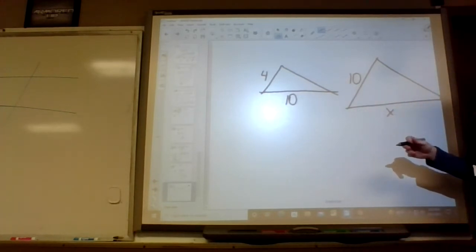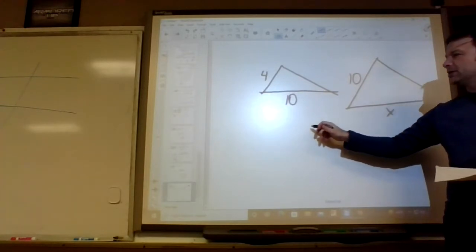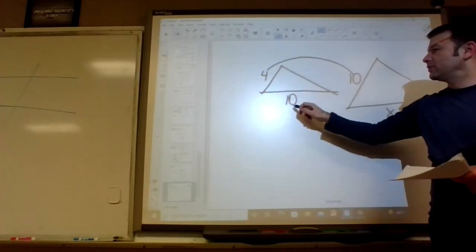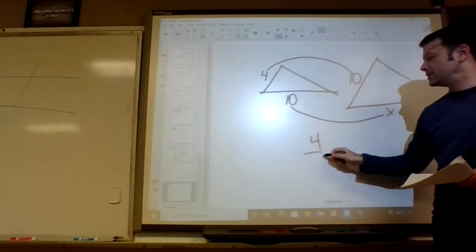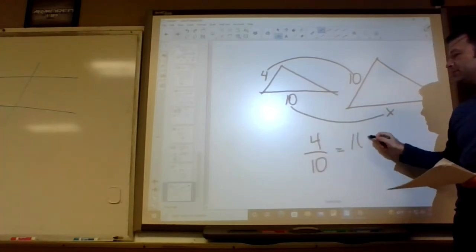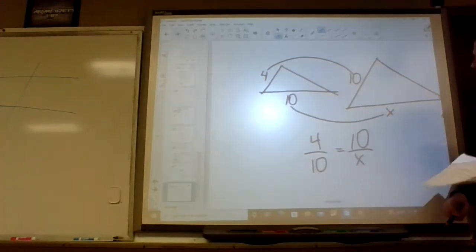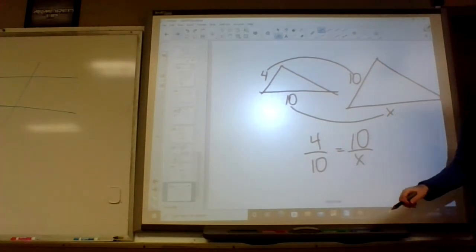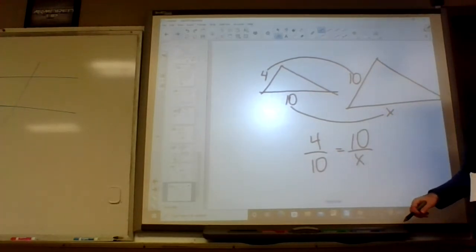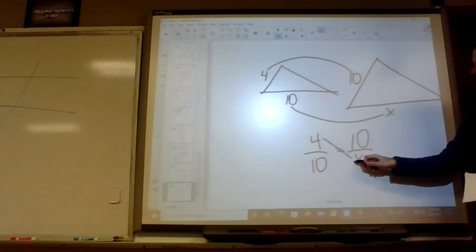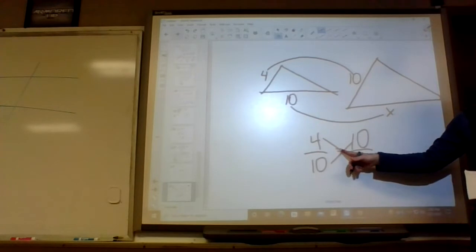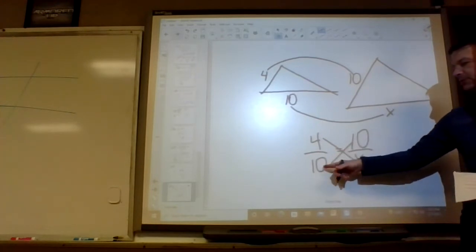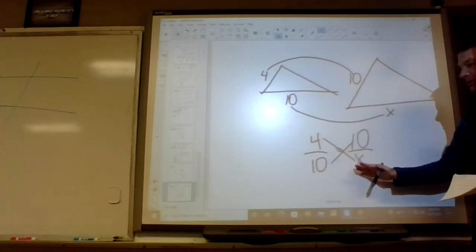So do you guys know what the proportion is? 4 over 10 equals 10 over x. And then you cross multiply them. We're not multiplying fractions, we're cross multiplying.